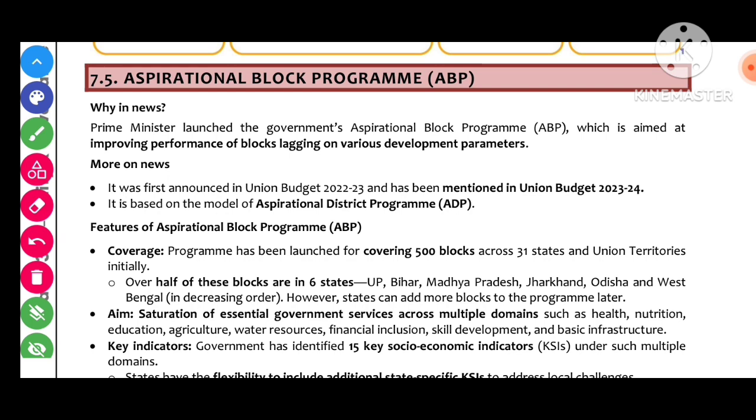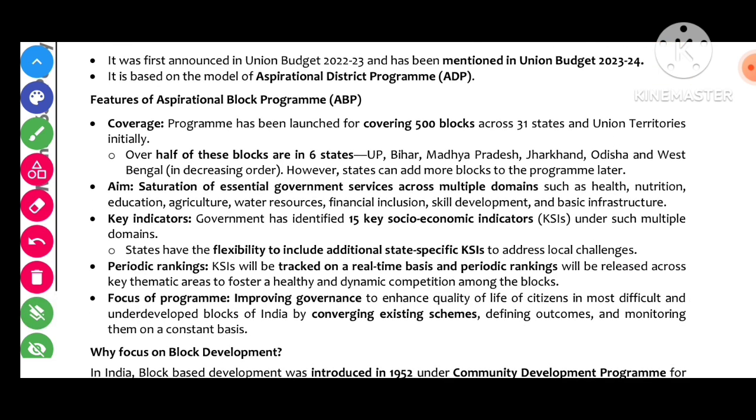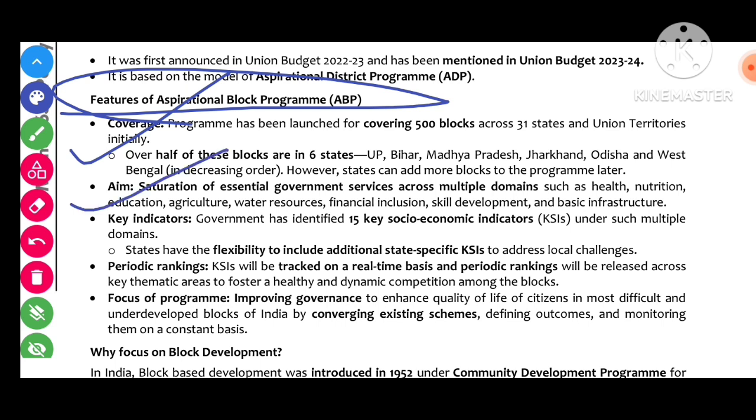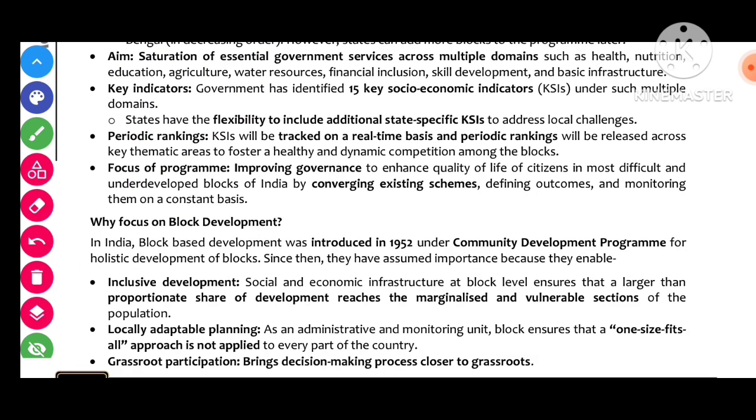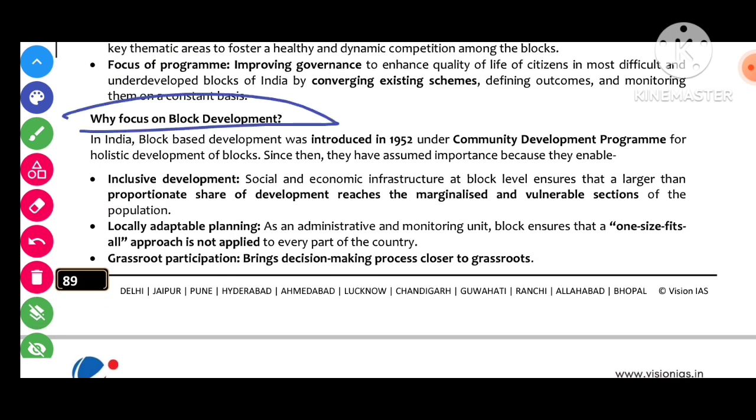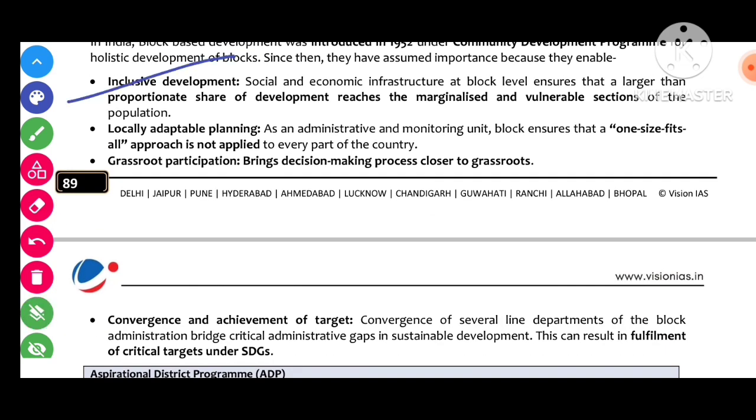Okay, and what are the features of aspirational block program? That is coverage, what is the aim, key indicators, periodic ranking, and focus of performance. So you can read here, okay, and focus on block development such as inclusive development, locally adaptable planning, grassroots participation, and convergence and achievement of targets.